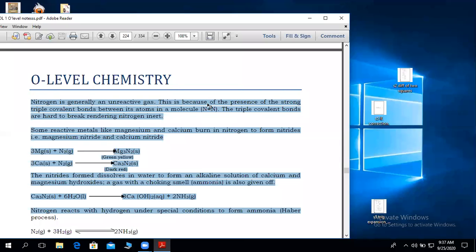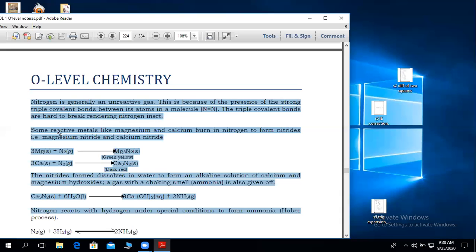So for nitrogen to react, this triple bond must be broken, because it is strongly holding the nitrogen atoms together. So the triple covalent bonds are hard to break, rendering nitrogen inert.